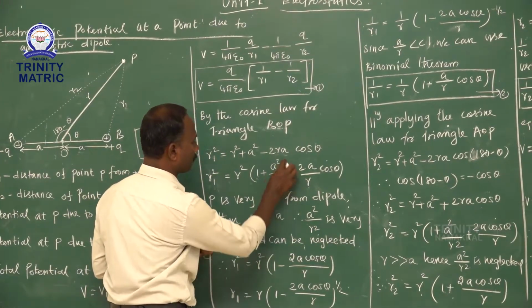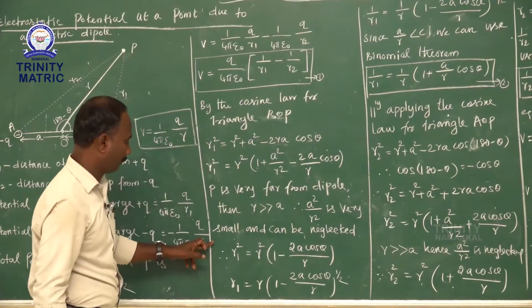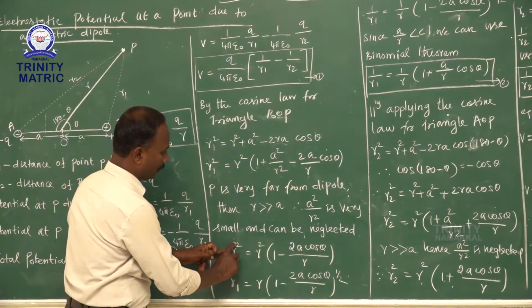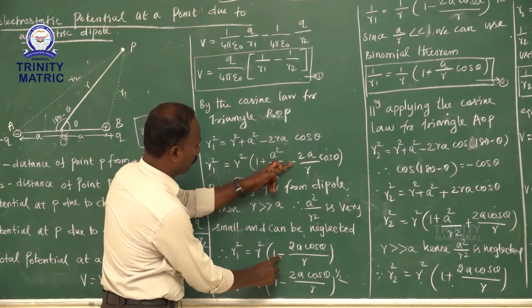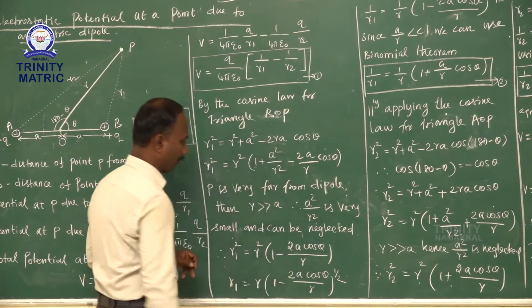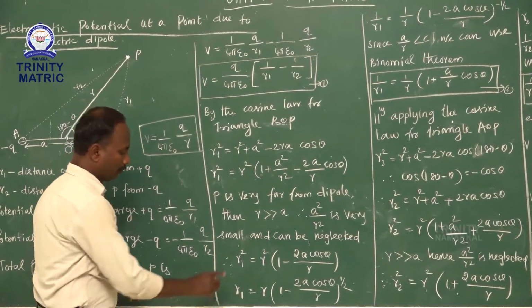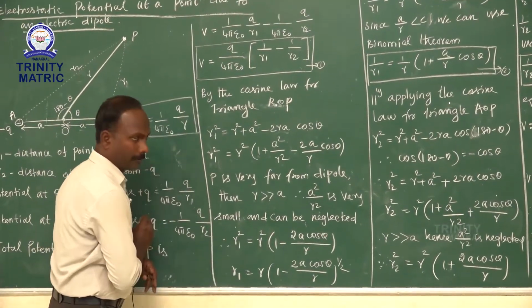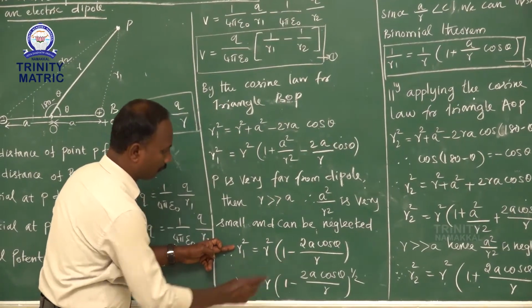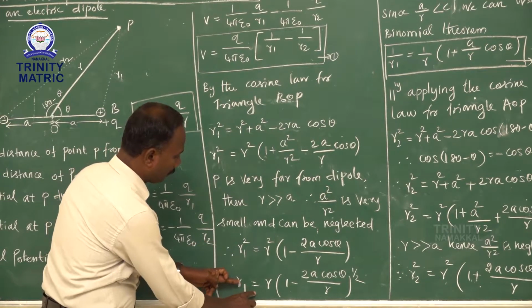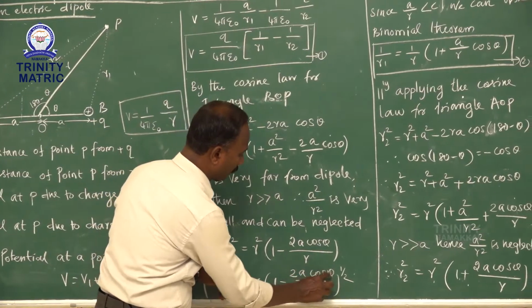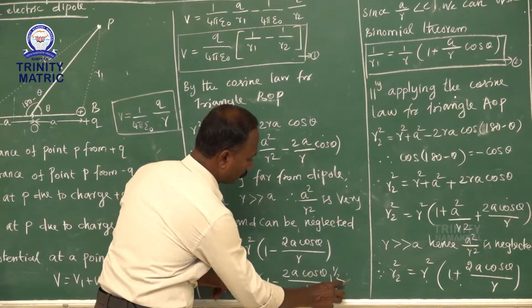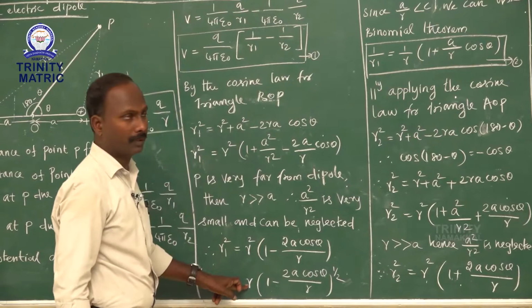Now R1 square is equal to R square times 1 minus 2a cos theta by R. Now we want to rewrite the equation for R1. Taking the square root on both sides, R1 is equal to R times 1 minus 2a cos theta by R, whole power 1 by 2.